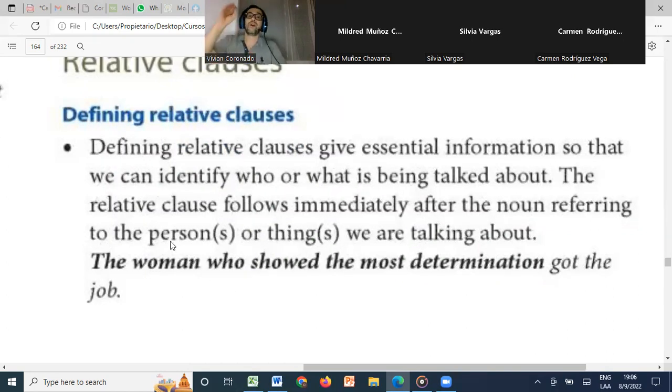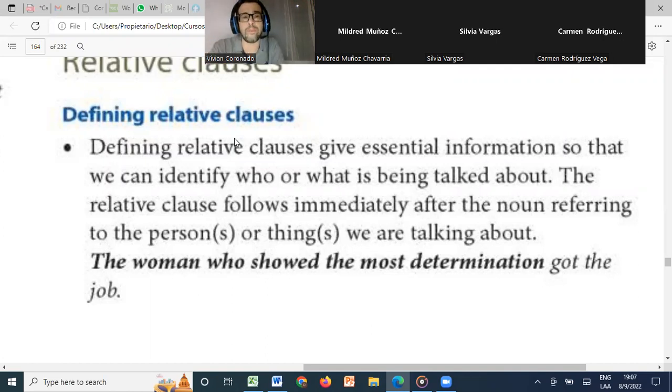So the woman who showed the most determination got the job, right? So in this case, defining relative clauses talk about essentially and directly about the subject, right? Remember the subject. So if it's a person or a thing, it directly talks about the subject, in this case, the woman, right? So that will be the defining relative clause.